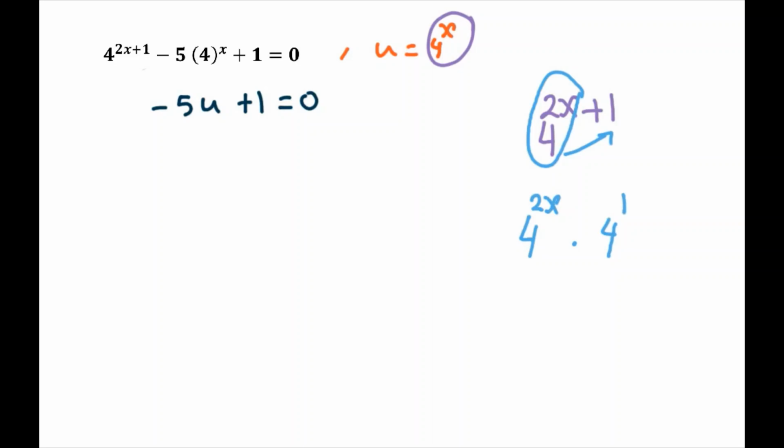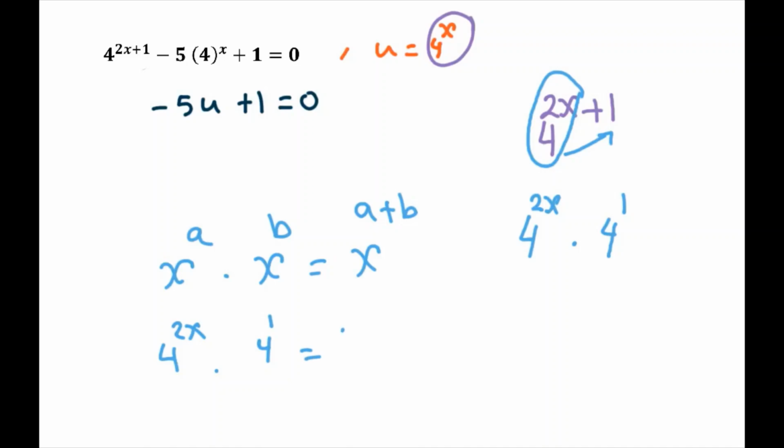When you have x to the power of a, multiplied by x to the power of b, that's x to the power of a plus b. So 4 to the power of 2x multiplied by 4 to the power of 1 equals 4 to the power of 2x plus 1.